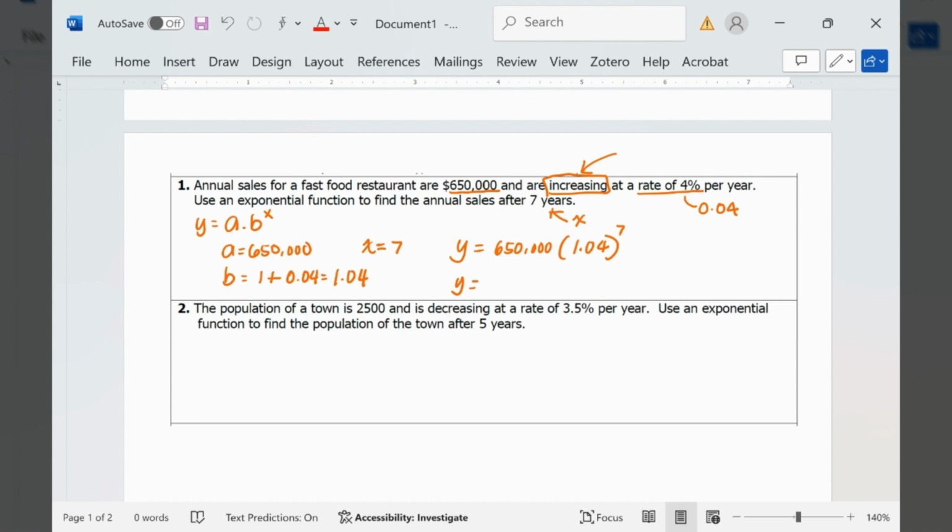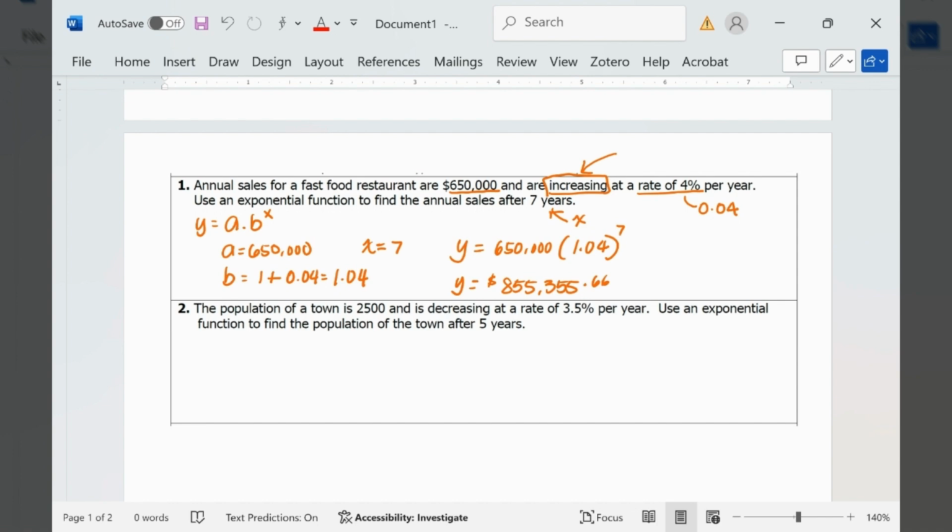So in 7 years, the value will be 855,355.66. So that's the value of the annual sales after 7 years.